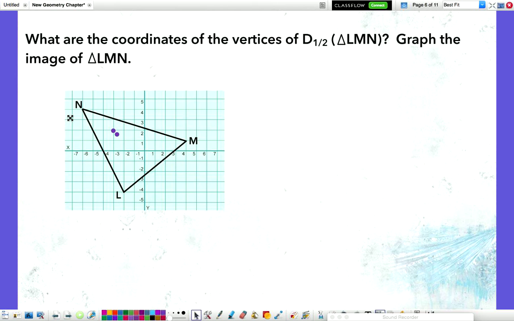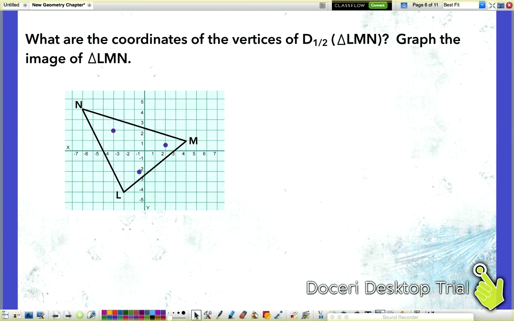We have 2.5. And then we have negative 1/2, negative 2. Okay, so this will be M prime, N prime, L prime. Okay, so we dilated that by 1/2.